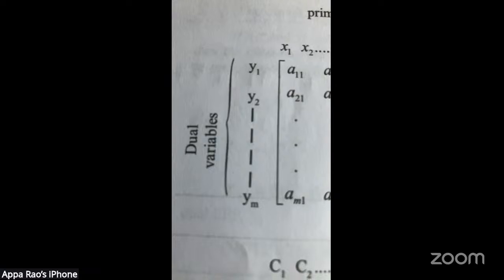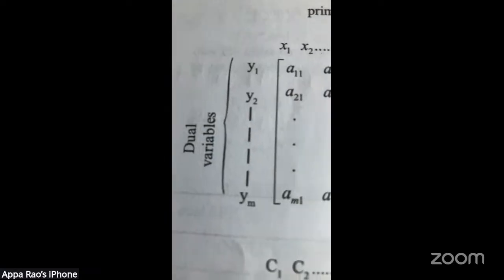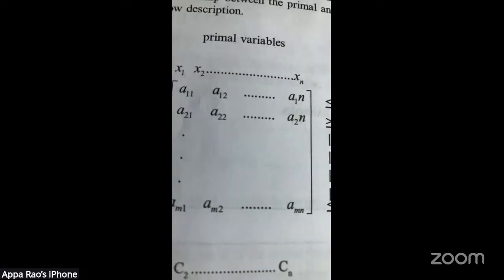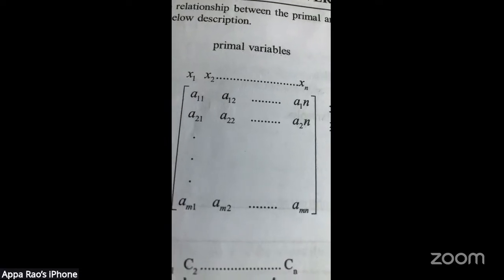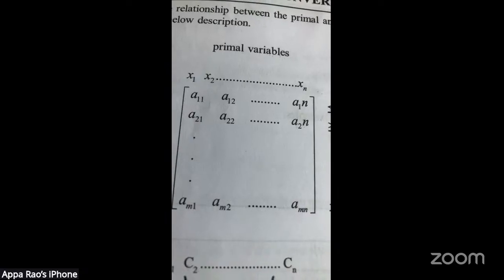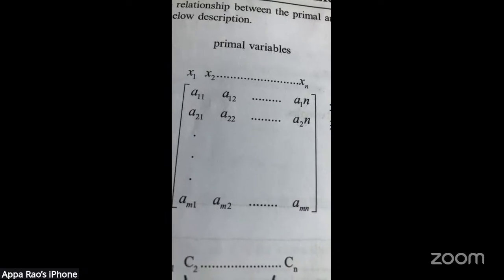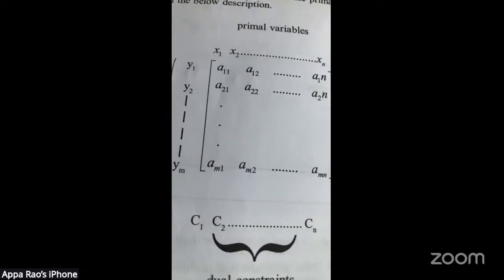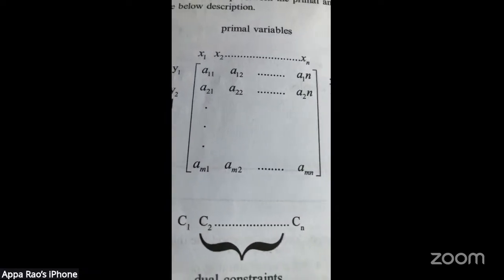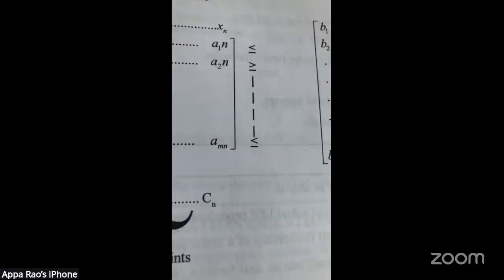The dual variables here are y1, y2, etc., ym. Inside are a11, a12, etc., a21, a22, etc., am1, am2, etc., amn.